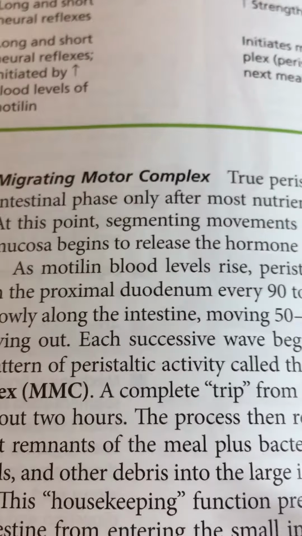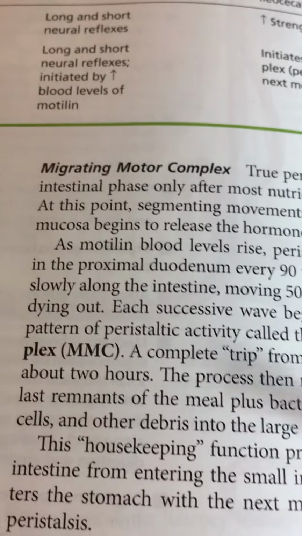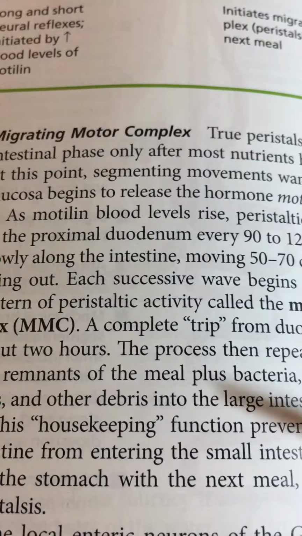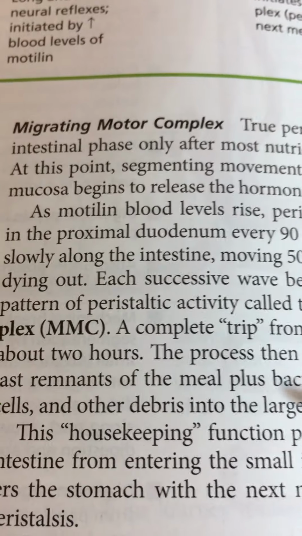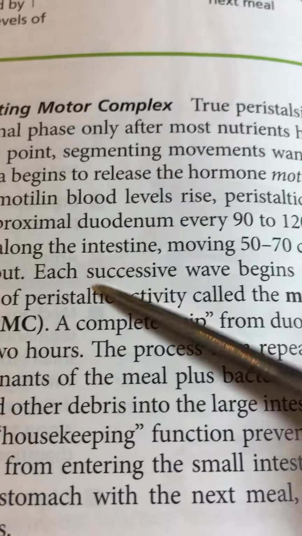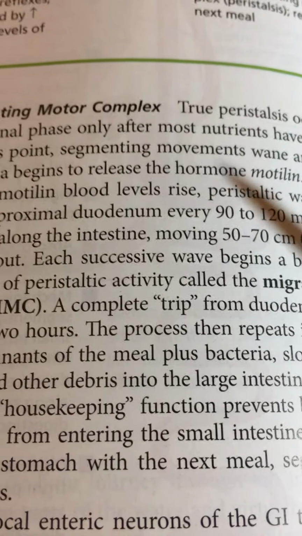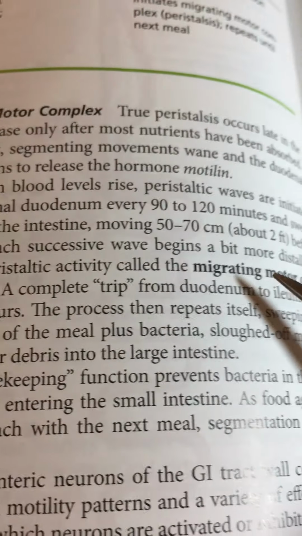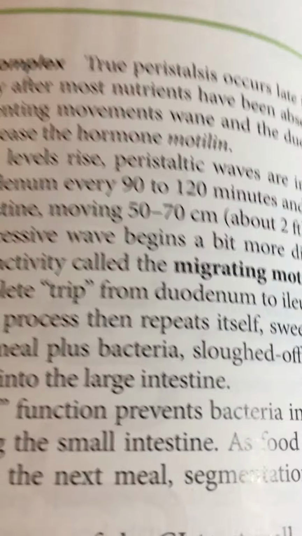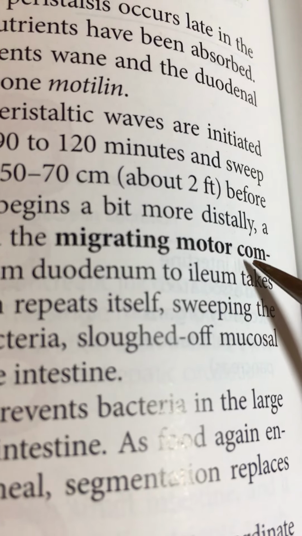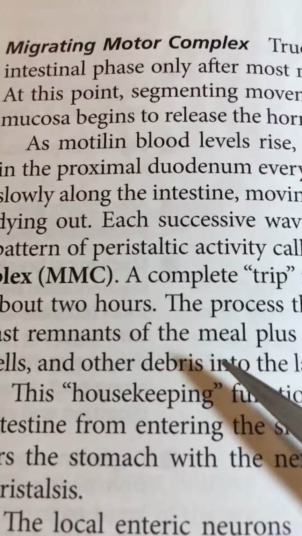So remember how the stomach had a rhythm? It turns out that there's rhythm also to accomplish movement and segmentation mixing in the small intestine. So we have successive wave-like activity. There's ultimately something called the migrating motor complex.